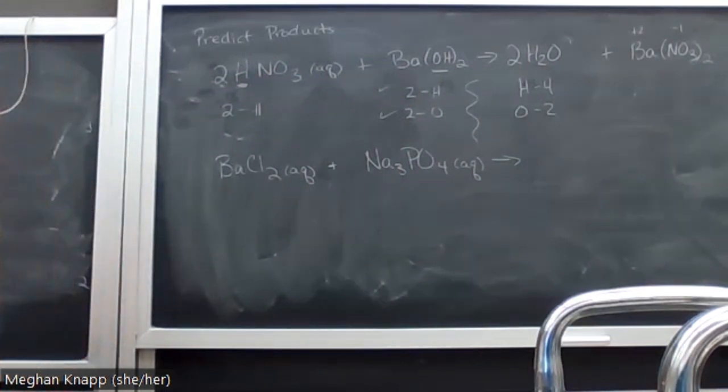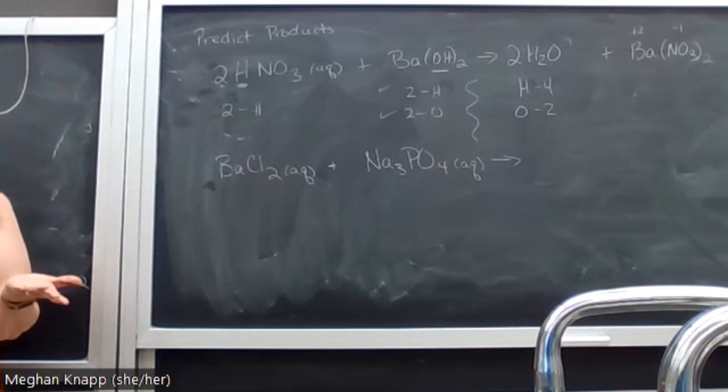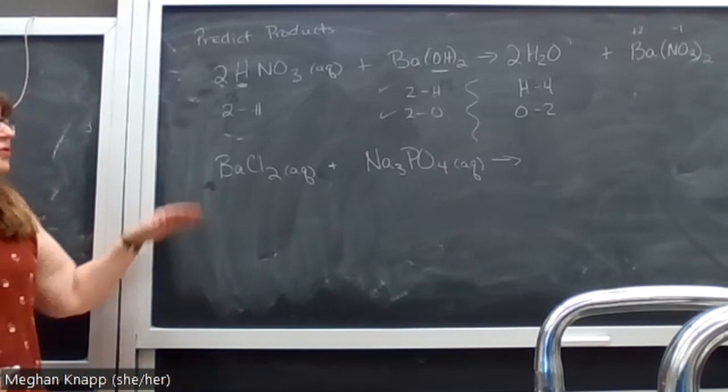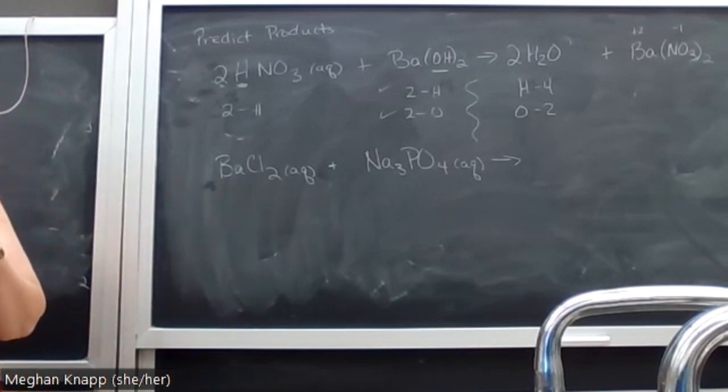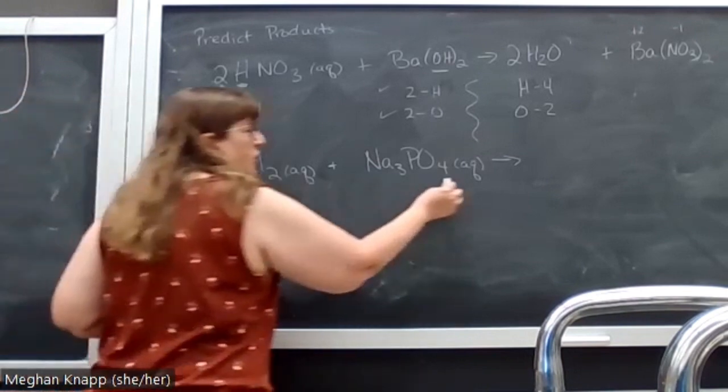Okay. All right, what kind of reaction is this one? It is a precipitation, which is a kind of double displacement. So this one's going to be precipitation, which tells us that one of our products is going to be insoluble. So these are dissolved.